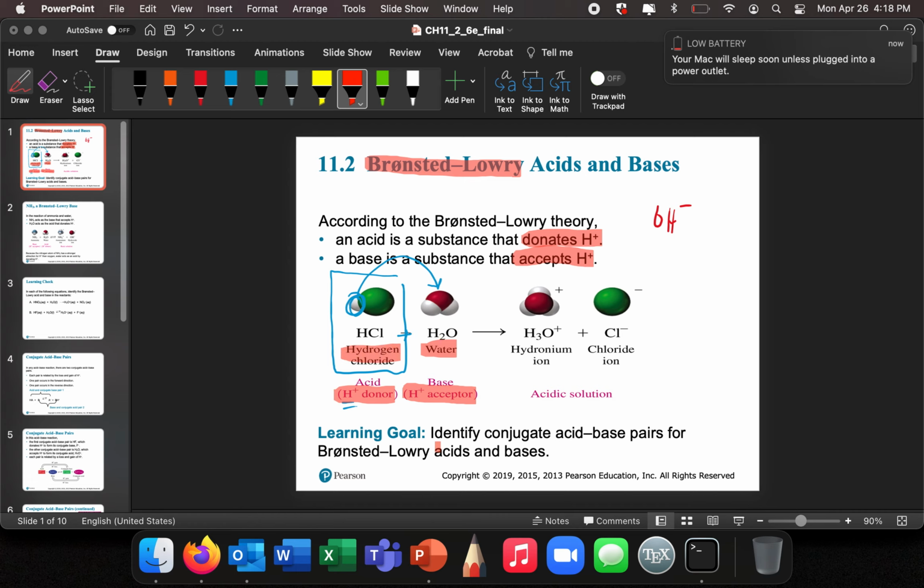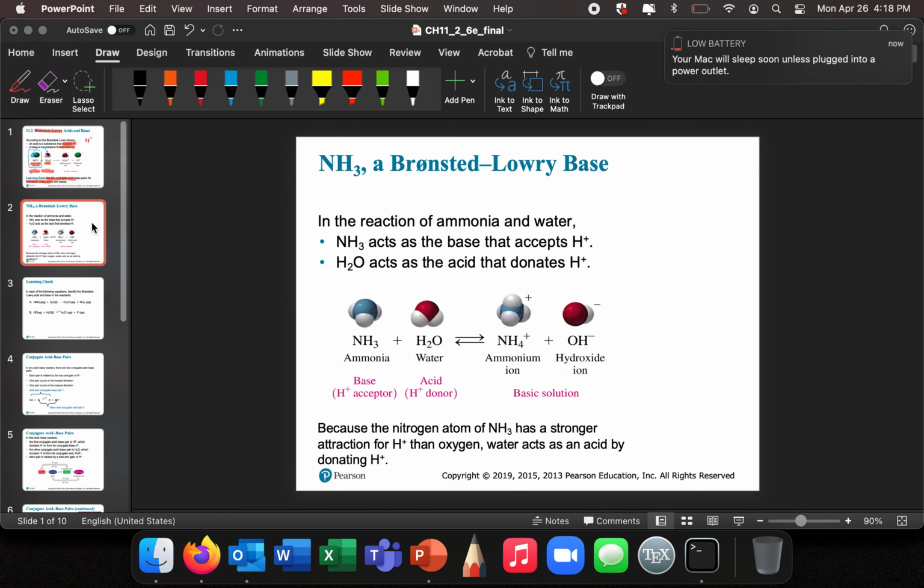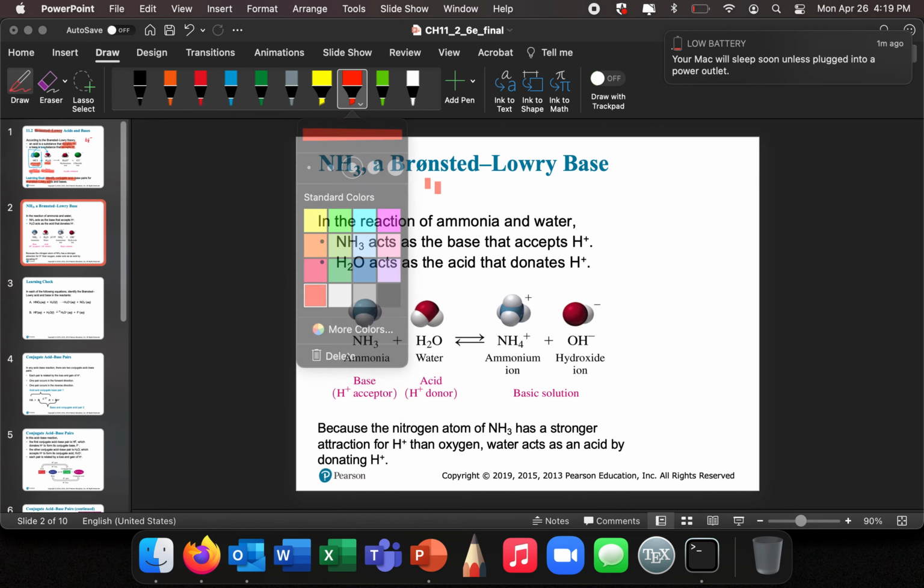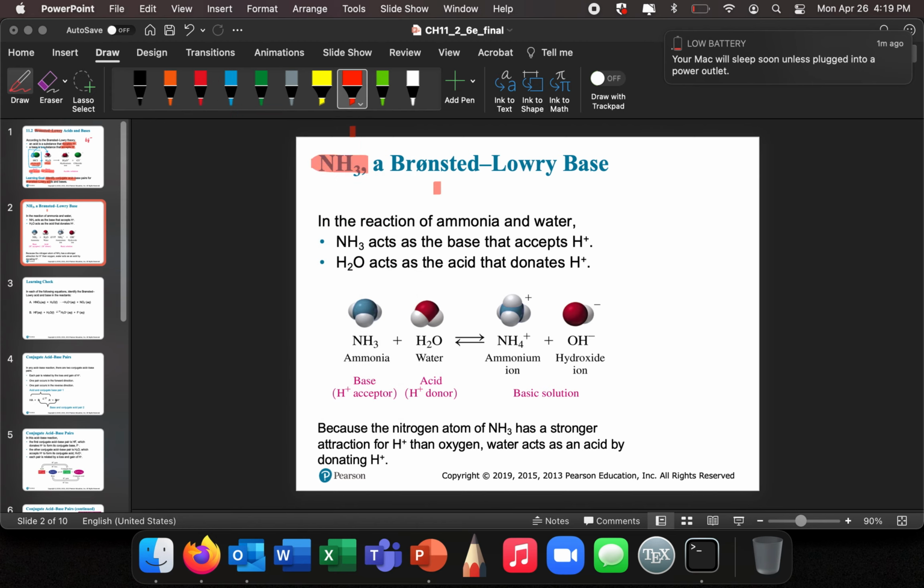So our learning goal for this section is to identify conjugate acid-base pairs for Bronsted-Lowry acids and bases. We haven't defined conjugate acids and bases yet. We're about to do that. So, an example of a Bronsted-Lowry base, we just saw an acid, right? A good example of a Bronsted-Lowry base is ammonia, because ammonia accepts H pluses in solution, right? So here's ammonia.